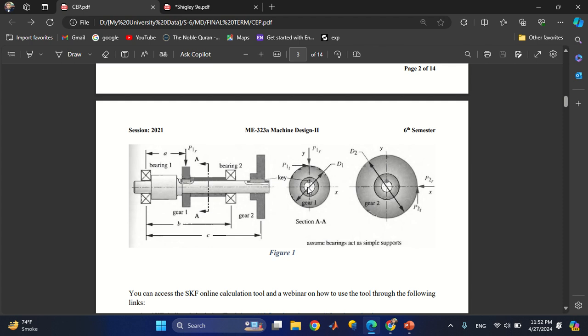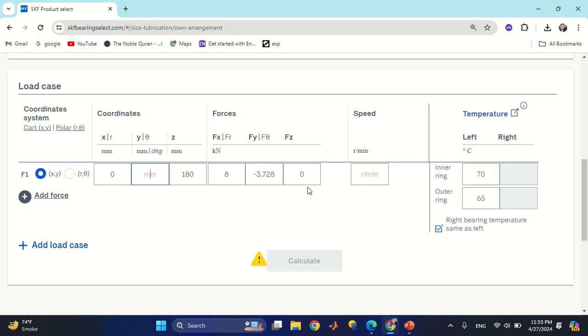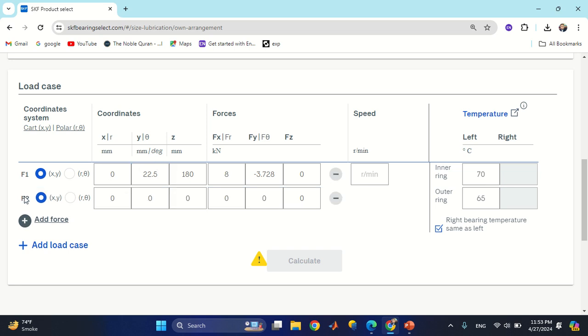So the radius is half of the pitch diameter of the gear 1, which in my case is 22.5. And the x is 0. Then add another force, which is for the right bearing.